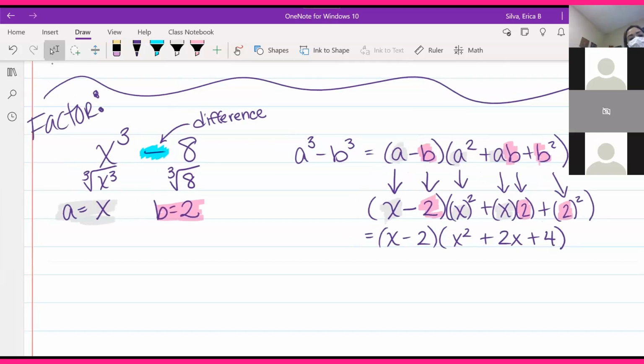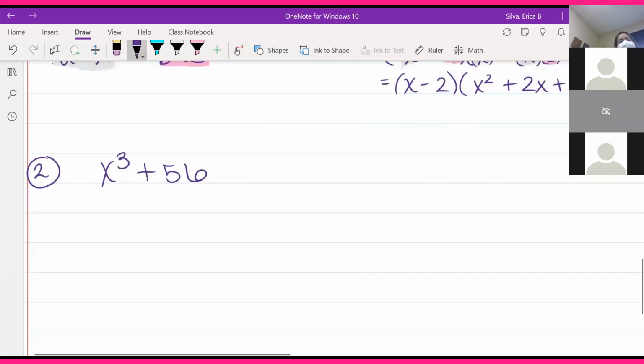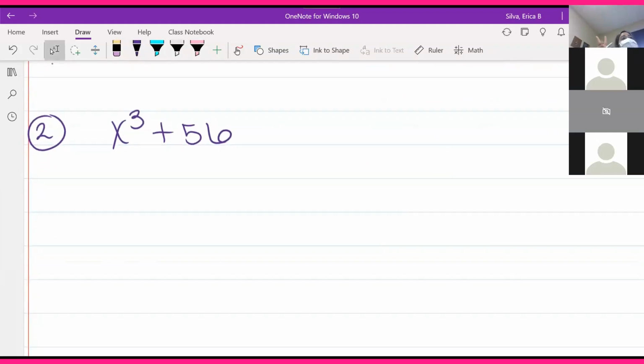Okay, let's look at the next problem: x cubed plus 56. Let's do our checks. It does have two terms. Now let's check if both of them are perfect cubes.